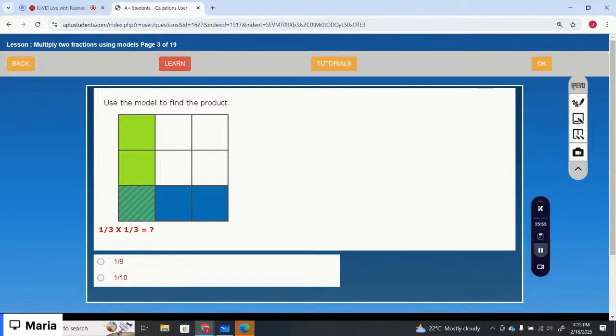Use the model to find the product. That is 1 over 9. Option number 1 is the correct option.